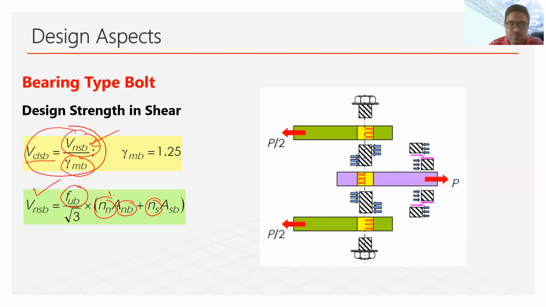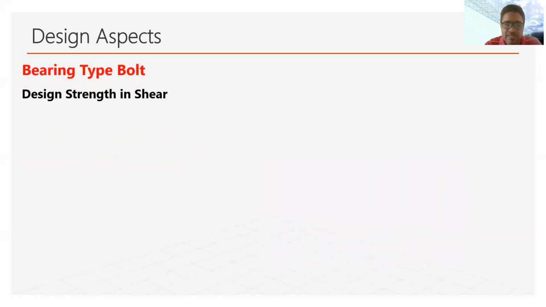Now there are new terms which came in this formula, which are NN and NS. Other terms I have already mentioned. FUB is the ultimate strength of the bolt, and ANB is the net effective area of the bolt. ASB is the gross area of the bolt. Now we need to understand what NN is and what NS is. I will be showing you that in the next slide.